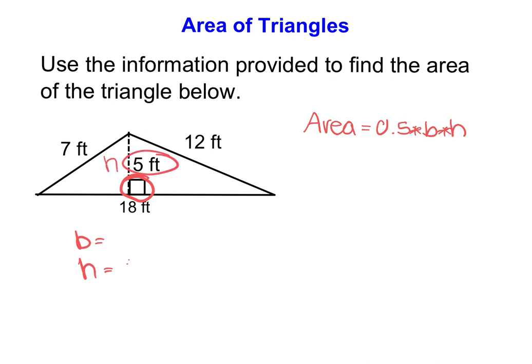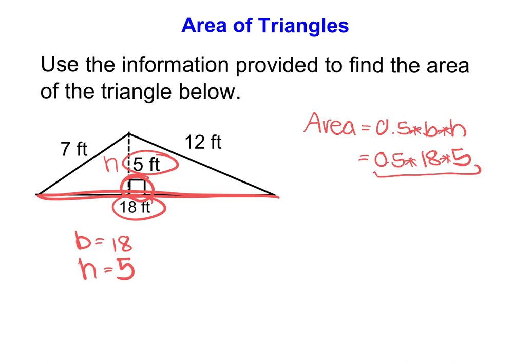So my height is going to be 5, and then my base is the side length that makes that 90-degree angle with the height, which means my base is 18. So if I take 0.5 times 18 times 5, and I multiply all of those together, 0.5 times 18 is 9, 9 times 5 is 45. I find that my area is 45 feet squared.